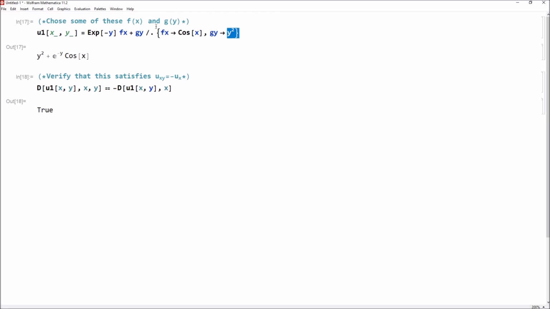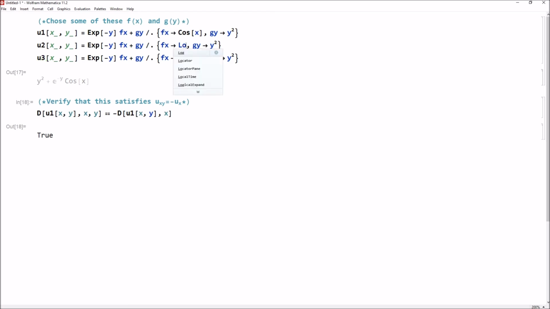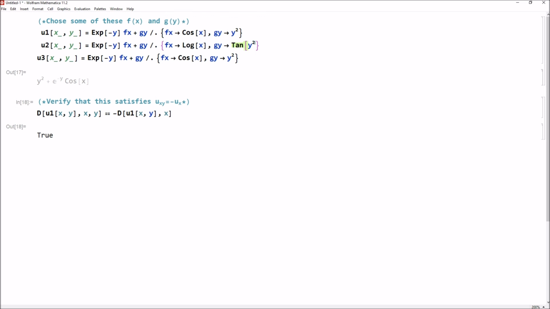That ended up working. Let's go back up here and choose a couple of more complicated examples that we had earlier. So let's make a u2 and a u3. I think for the second one we tried something a little more complicated. I think we said this was natural log of x, and then tangent of y squared, something like that. And then for our third case, this was our most complicated thing.